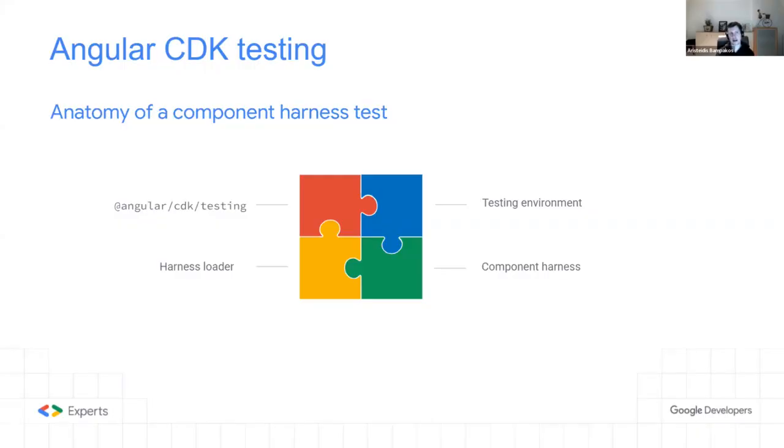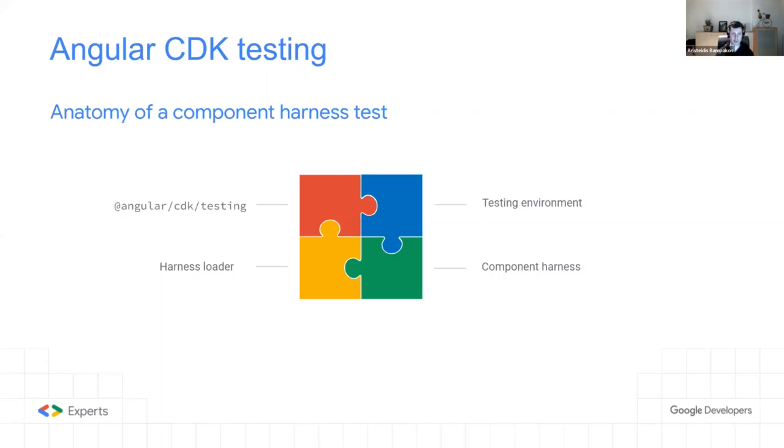So what are the actual main parts of a component harness test? First, we need an NPM package, which is the Angular CDK testing NPM package. It is a package that contains all the infrastructure and artifacts to interact with a component harness. Second, we need a testing environment that we can use to run our tests. Angular CDK provides us with two testing environments out of the box.